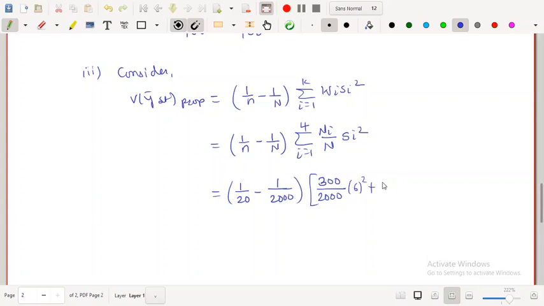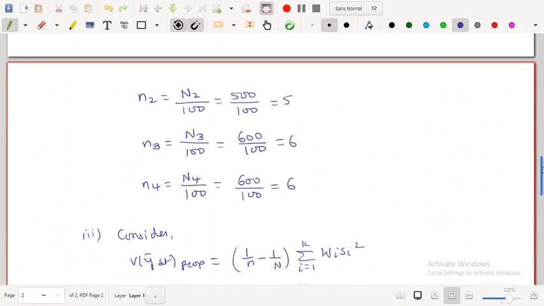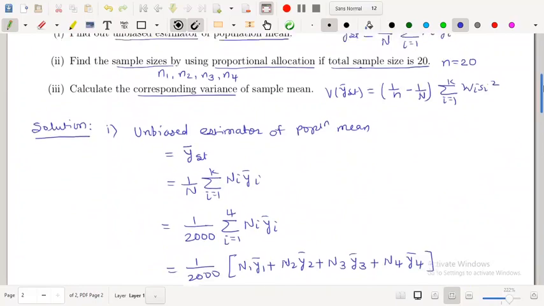Plus N2 is 500, capital N is 2000, into S2 square. S2 is I think 8, so 8 square, plus N3 is 600 divided by 2000 into 9 square, plus 600 divided by 2000 into 11 square, I think.